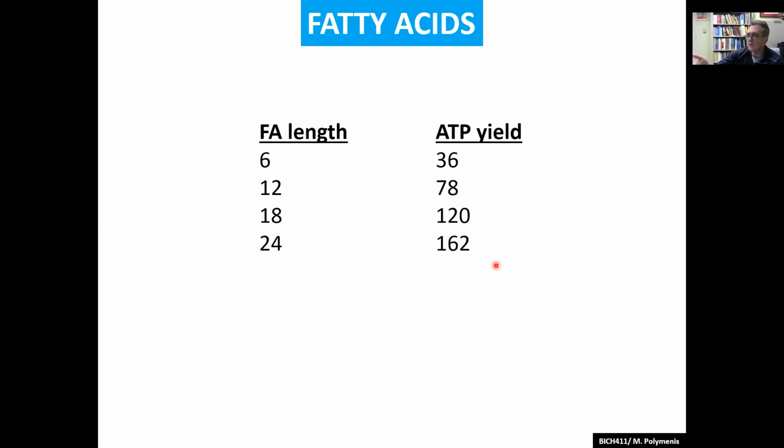And of course, the reason for that is obvious. The longer it is, the more electron-rich the molecule is, because you just have one carboxyl carbon all the time, but you increase the number of fully reduced carbons as you increase the length. So that explains the whole disproportionate increase in yield of ATPs.